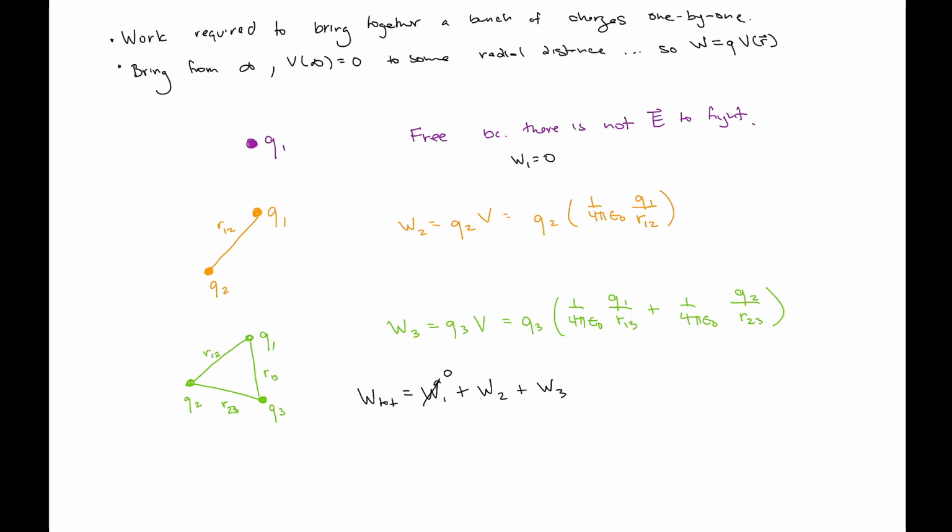When I add all of that up, I'm going to pull out the common factor of 1 over 4 pi epsilon naught, and I'm going to get Q1 times Q2 over R12 for the first term, Q1 times Q3 over R13 for the second term, and Q2 times Q3 over R23 for the third term. That's just from distributing this Q through here, and this one through here and here.